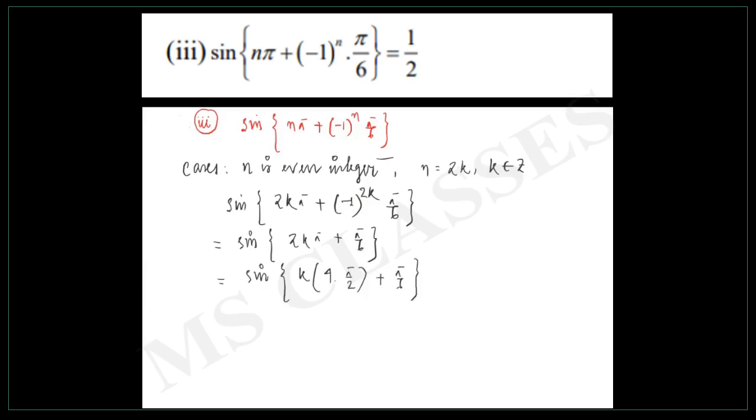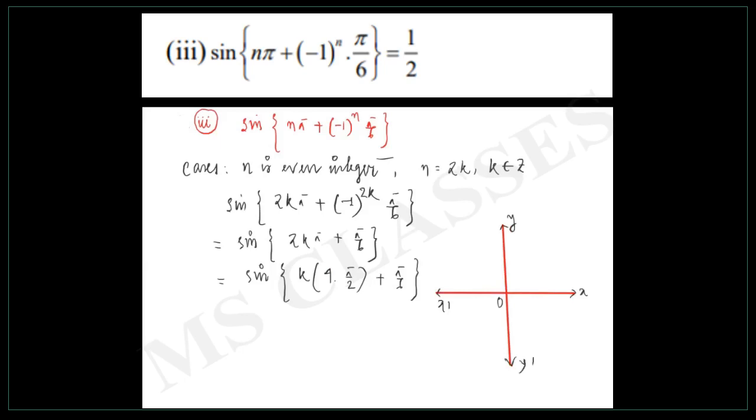Now 4 pi by 2 means one complete circle. So from that you can easily understand which quadrant this lies in. I complete this one first, just the quadrant drawing.